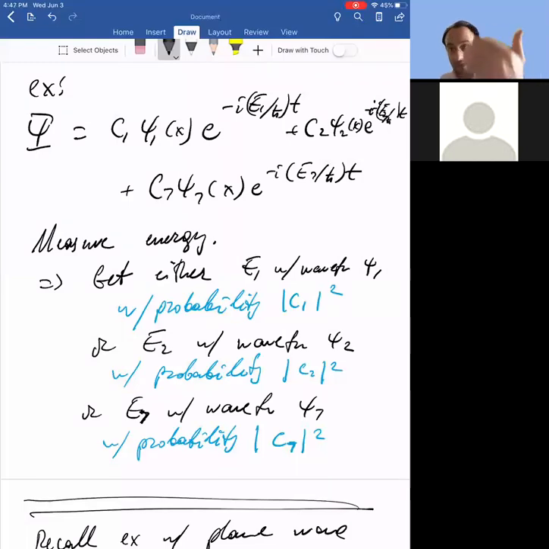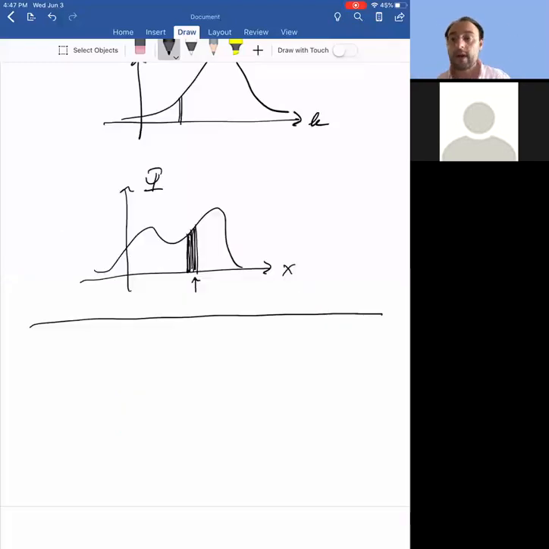And the probability of obtaining the energy is the square of the magnitude of that coefficient that corresponds to that energy. You see, so all of these ideas are on equal footing. Your homework has practice, so you will get more comfortable with these ideas.